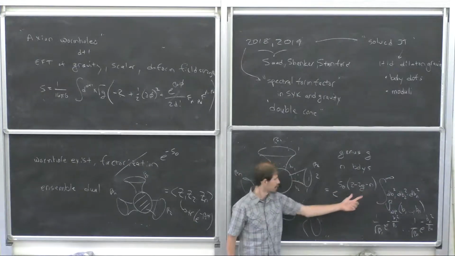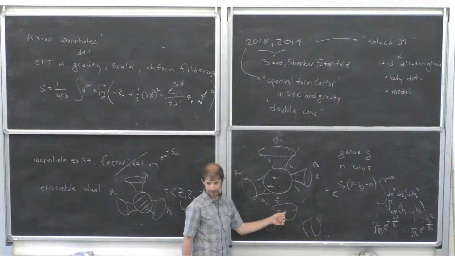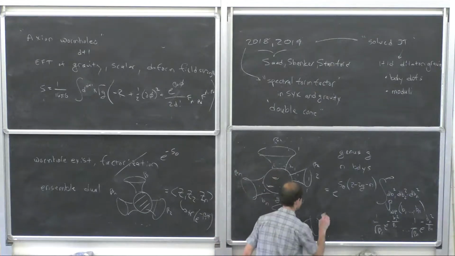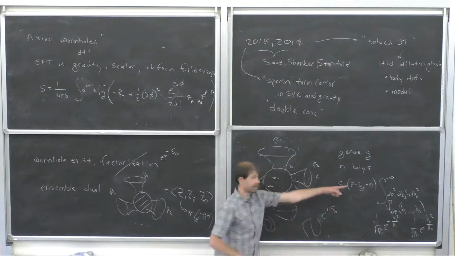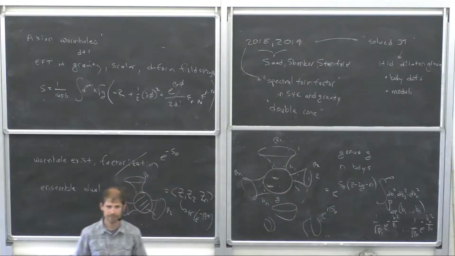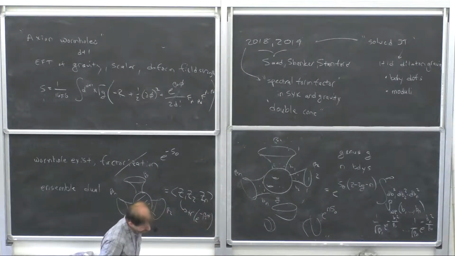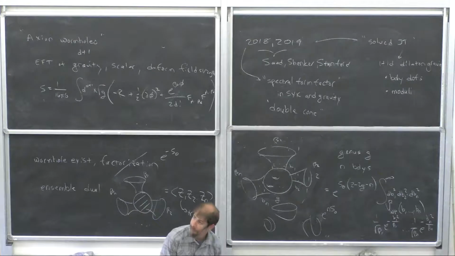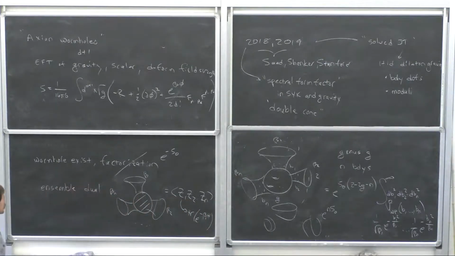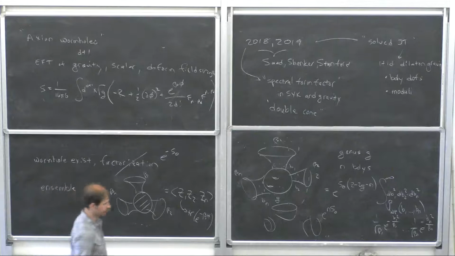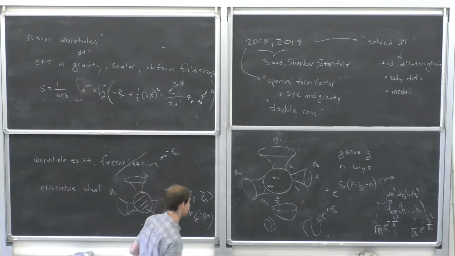For the disconnected one, this would be a factor of e to the n S naught rather than minus n. Perfect, thank you. Okay, so that's the dictionary. But here's the extra thing. These wormholes don't simply exist in JT gravity. They encode physics. And this is the real point where you start paying attention.